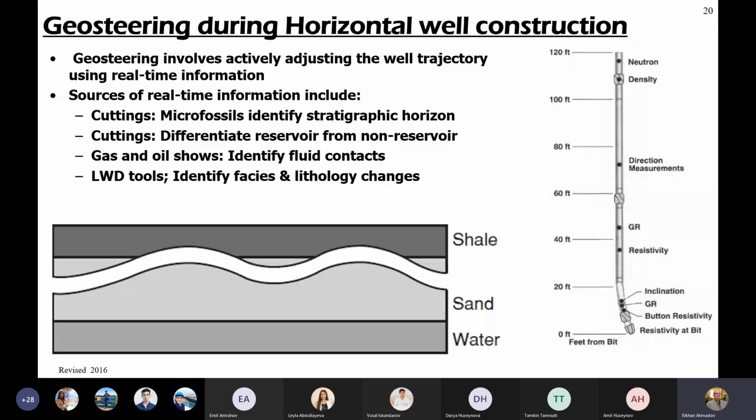In this case, if we don't have a gas cap, if we have a shale at the top of the reservoir, which is a ceiling, then it is better to keep as far away as possible from the water, the oil-water contact, to avoid or delay the water breakthrough into the horizontal wellbore.